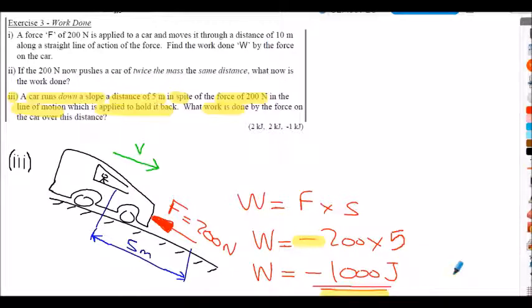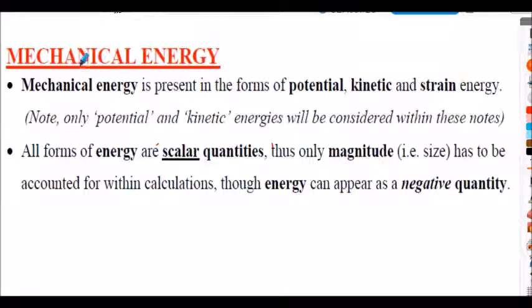So from exercise 3, we can note that work is independent of mass, and it also can be a positive or a negative quantity. Positive is work into the system, negative is work out of the system. So let's consider mechanical energy. Mechanical energy is present in the forms of potential energy, kinetic energy, and also something called strain energy.